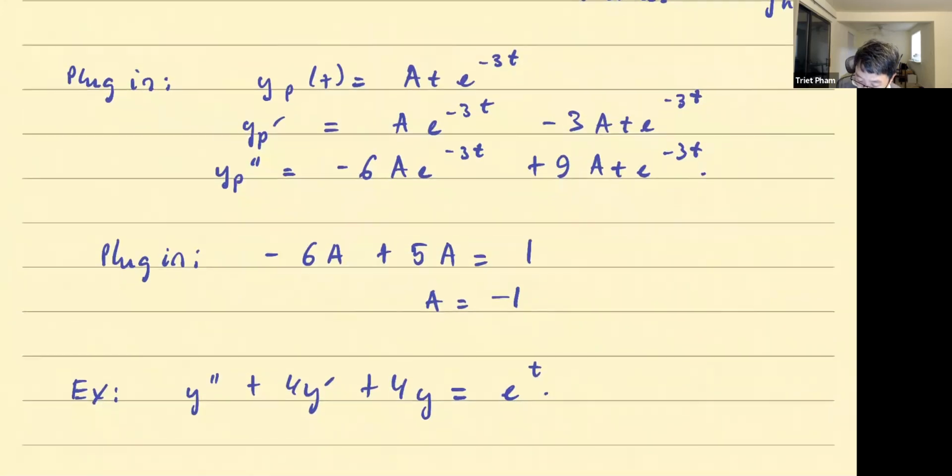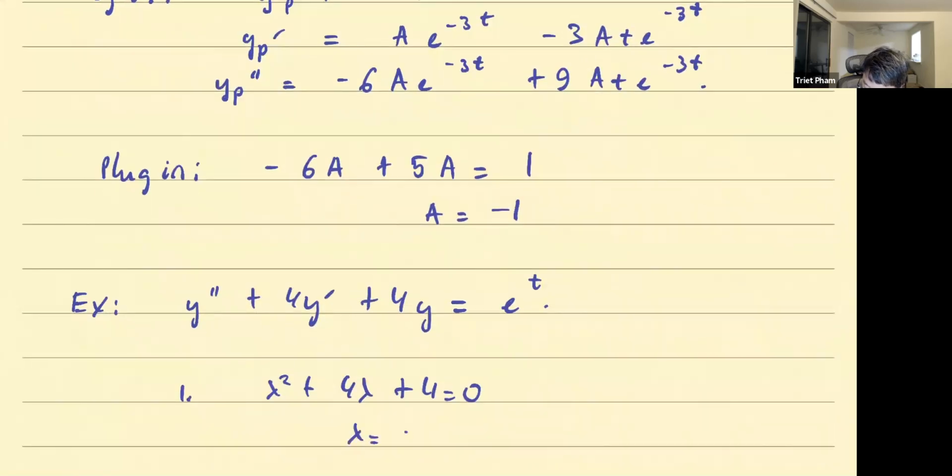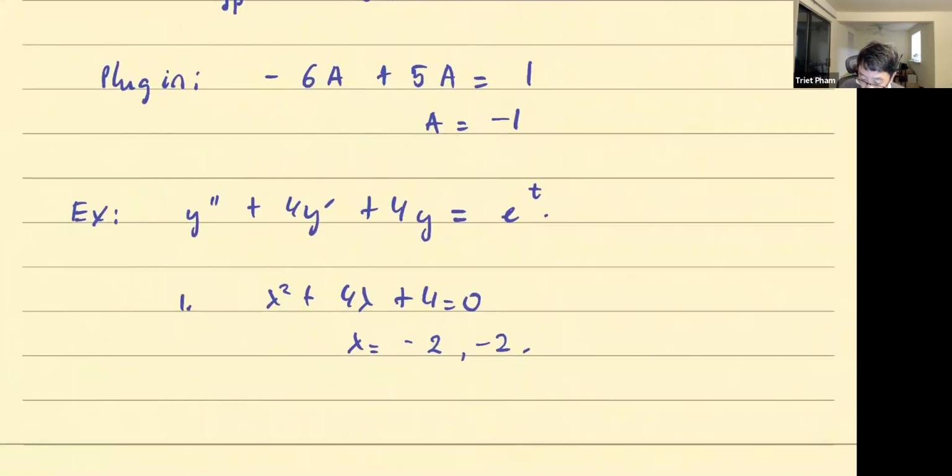So here, if you look at the homogeneous equation, you got lambda squared plus 4 lambda plus 4 equal to 0, or lambda equals minus 2, repeating. So what is the homogeneous solution here? The homogeneous solution is e to minus 2t, t e to minus 2t.